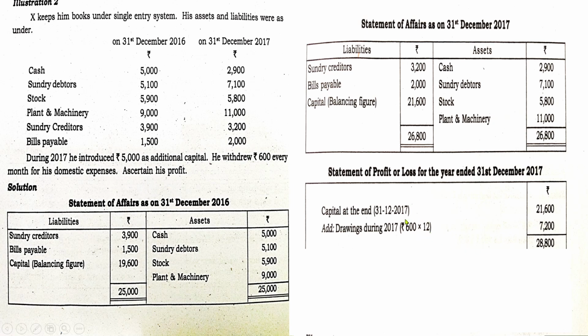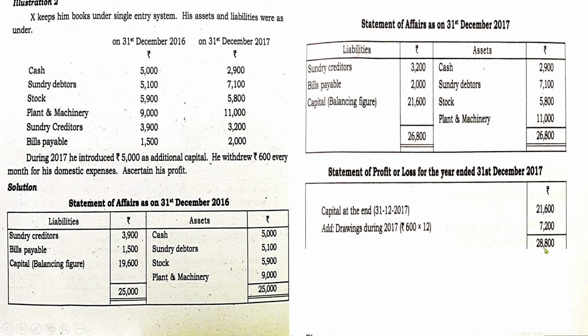You have to consider it like that, because we are preparing these statements to identify the profit or loss for the entire period. So the detail of 1 month cannot be considered. You have to consider all the details during the financial year. So 600 into 12, 7,200. So you will get an amount.